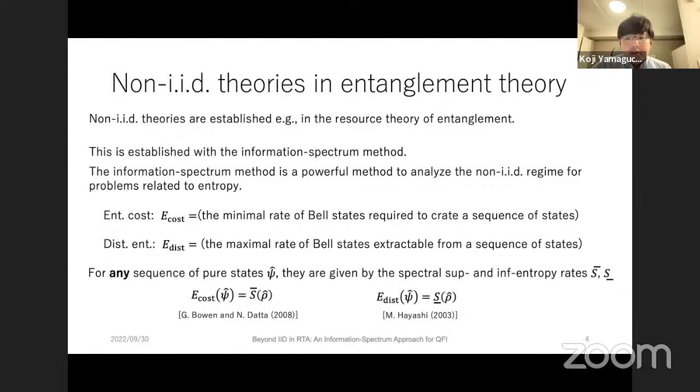For example, in entanglement theory, in the non-IID regime, the entanglement cost and the distillable entanglement are shown to be equal to the so-called spectral sup and inf entropy rates, which are denoted by overline S and underline S. I'd like to emphasize that this result holds for any sequence of pure states.